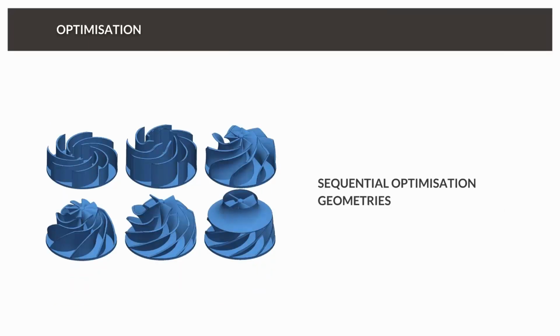So, and based on these results, we prepared a sequential optimization of the geometry. So we started with that design and did more and more modifications. And once this was finished, we just ran a simulation of the 5 new designs and compared them.